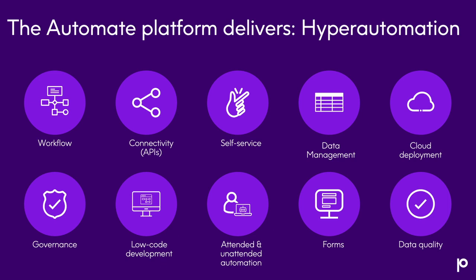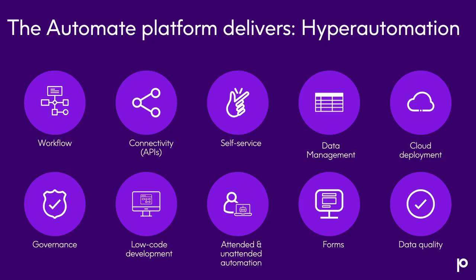Attended and unattended automation. And I think a lot of people think of automation as just being that unattended thing. Something happens here, a bunch of software steps happen, and then data gets posted. But most of these complex data-intensive processes we're talking about really are attended automation. You need to have humans in that loop. And that's one of the things we specialize in, is being able to automate those human-in-the-loop processes that can be so difficult for many automation tools.